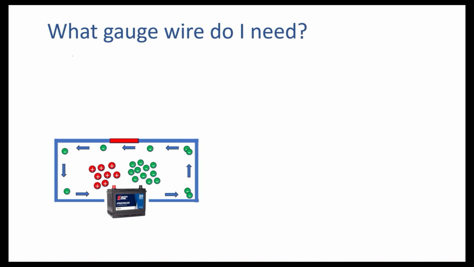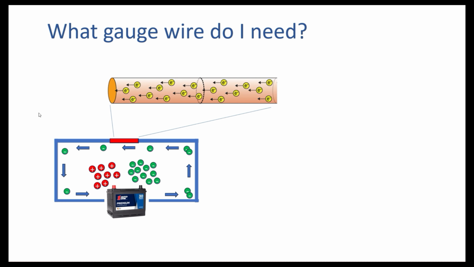But small gauge wire acts kind of a little bit the same, right? Within the wire, you have electrons moving through, and when you increase your voltage and you're increasing the current flow, you're essentially putting more and more electrons through the same wire.